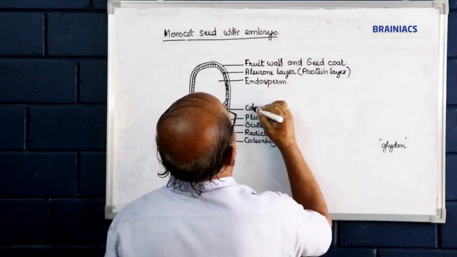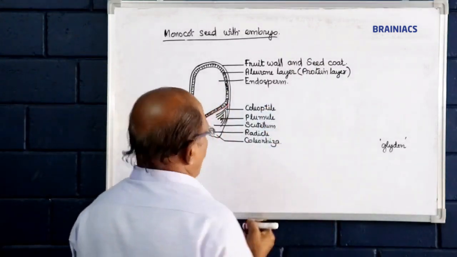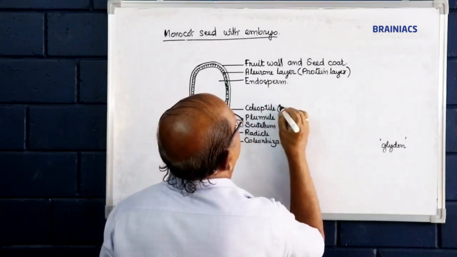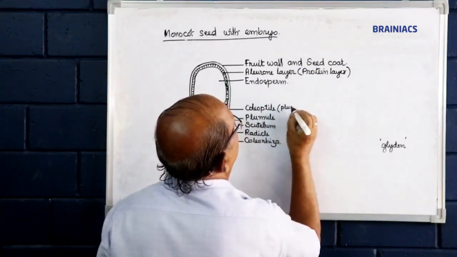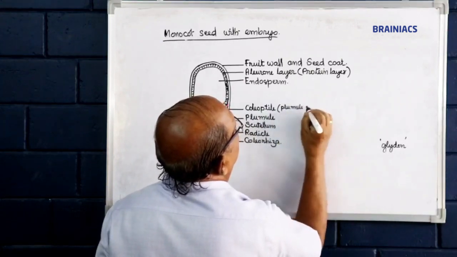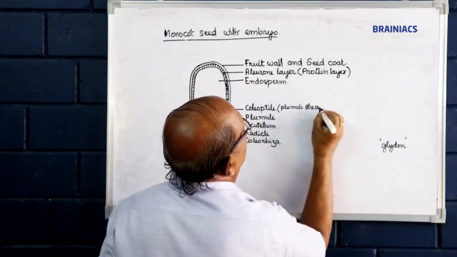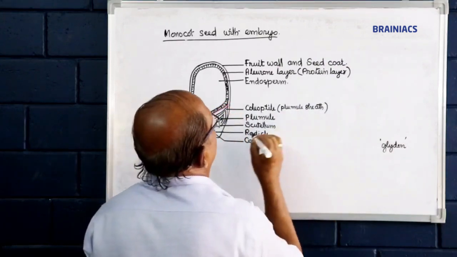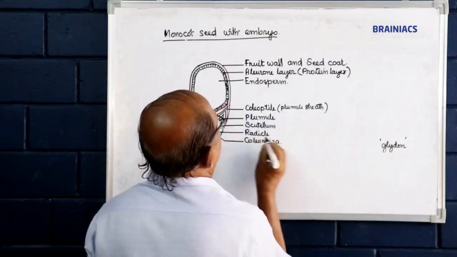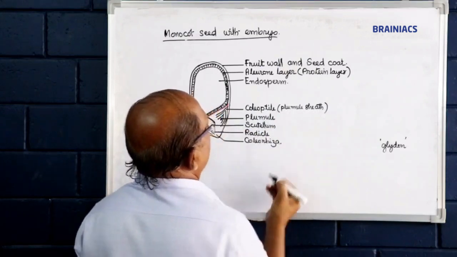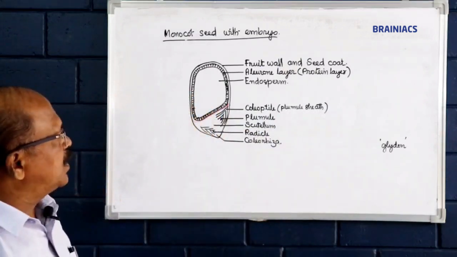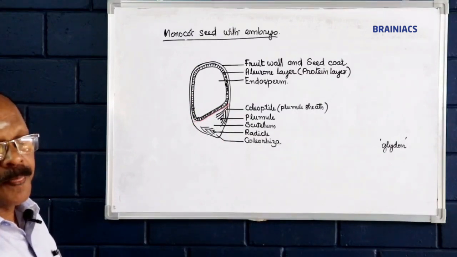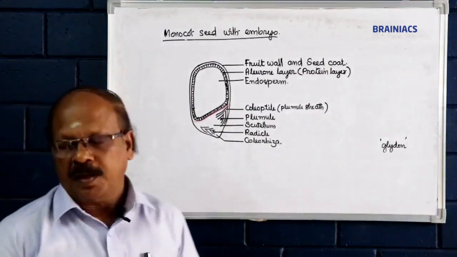This is coleoptile, that is plumule sheath. Plumule, scutellum, radicle, coleorhiza. These are all the parts of a typical monocot seed.